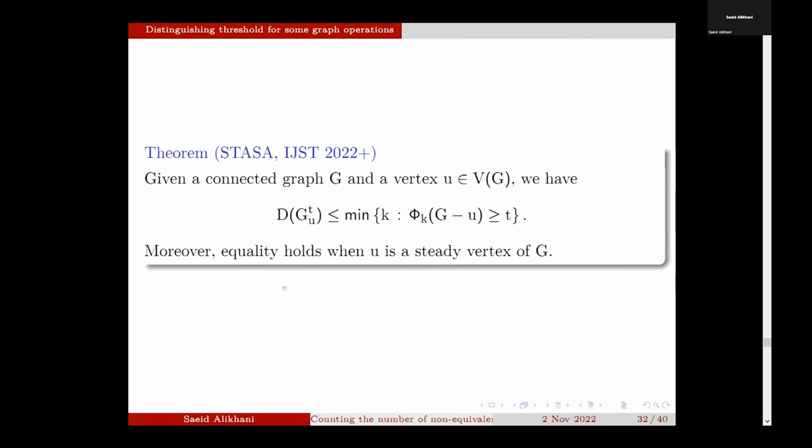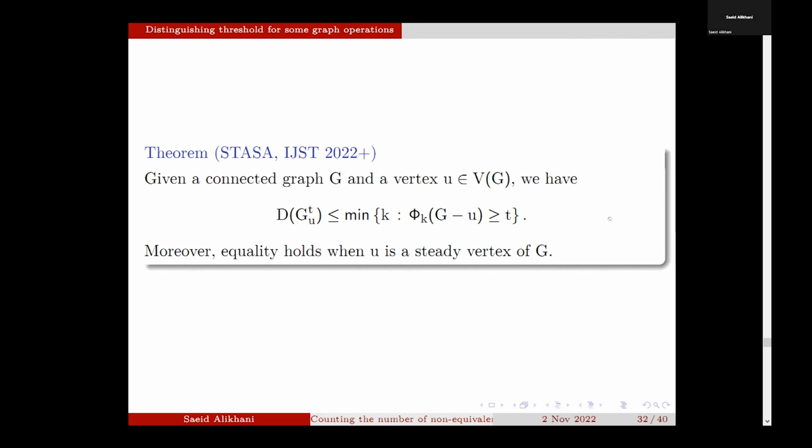And you see here, I think, a very nice theorem about the distinguishing number of G sub U to the T, the distinguishing number of the vertex sum, which, as I said before, is an operation between some graphs. The distinguishing number of G sub U to the T is less than or equal to the minimum K such that the number of exactly K colorings of G minus U is greater than or equal to T. So this theorem shows that a study of the number of exactly K colorings of some subgroups of a graph can be useful for finding the distinguishing number of some product of graphs, for example the vertex sum.